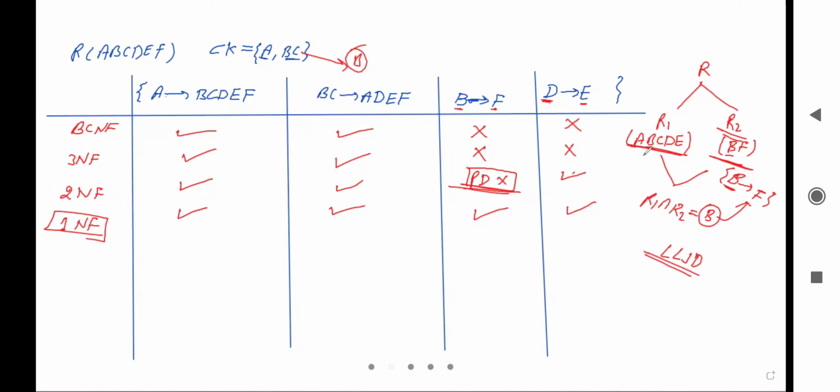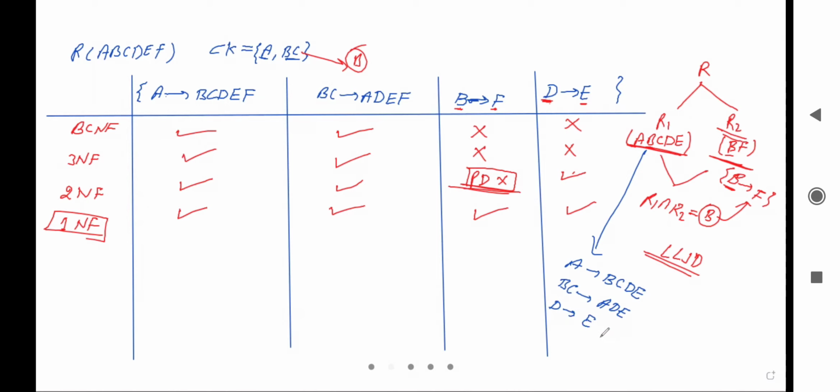Here, if we find the dependencies for these sub-relations, they will be A goes to B, C, D, E. Another one is BC goes to A, D, E, and D goes to E. Right?